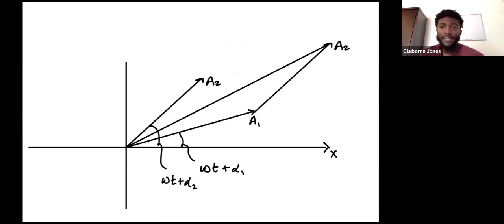That's what A1 plus A2 would look like in vector form. So this ultimately must be my vector A.